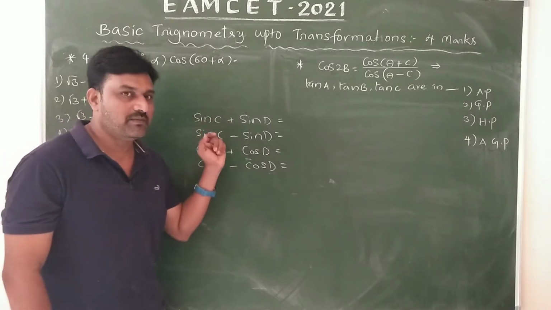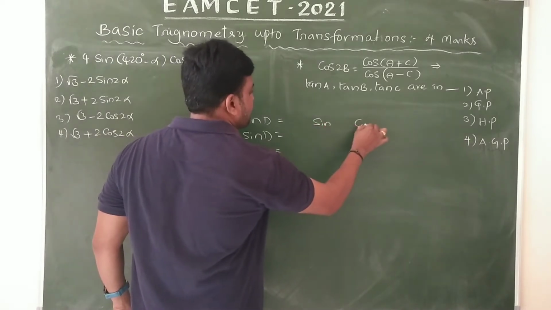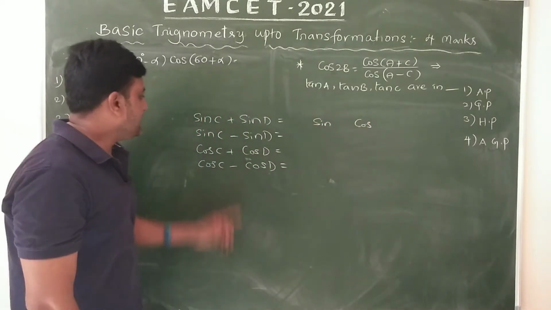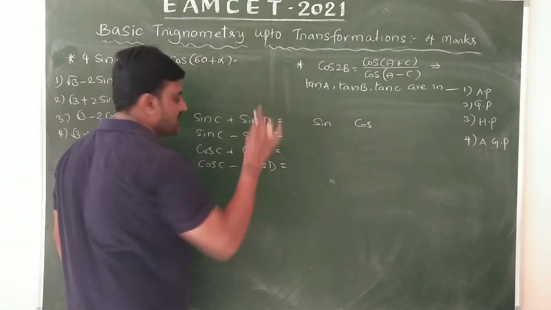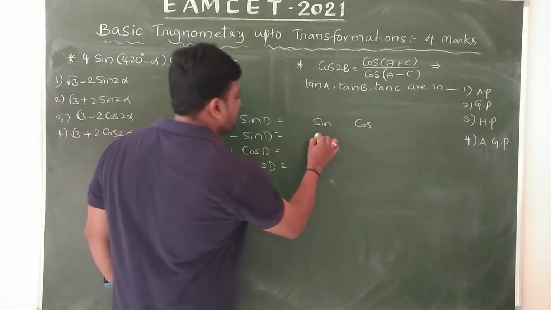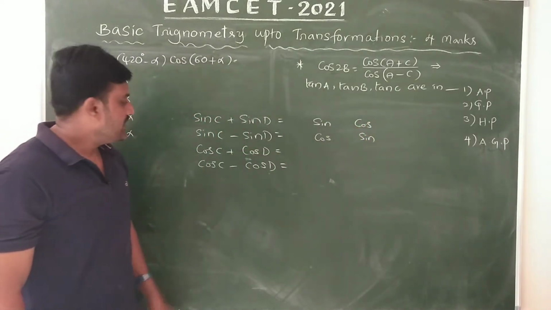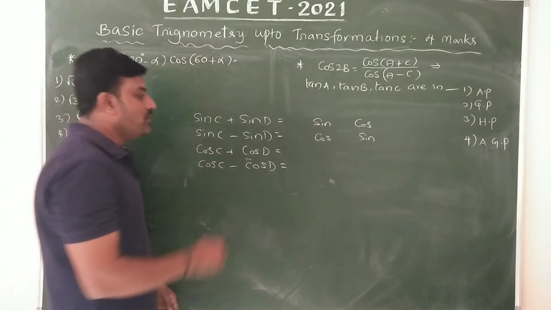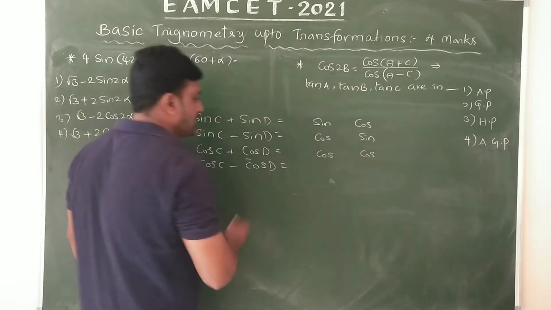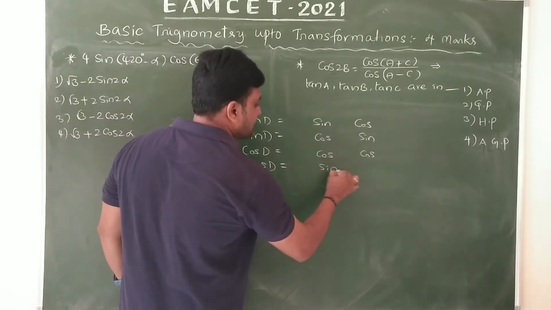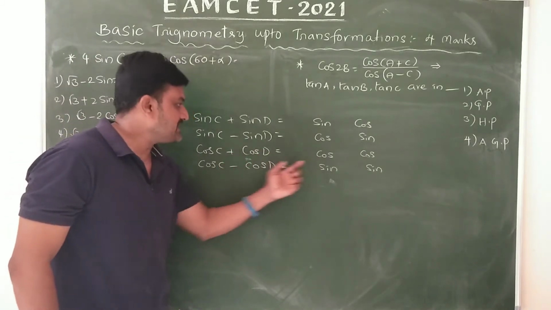In the sine formula we have sine and cos. If it is plus, first sine; if it is minus, first cos, then cos and sine, just enough. In the cos formula we have either two cos or two sines. When it is a plus, two cos; when it is a minus, two sines.